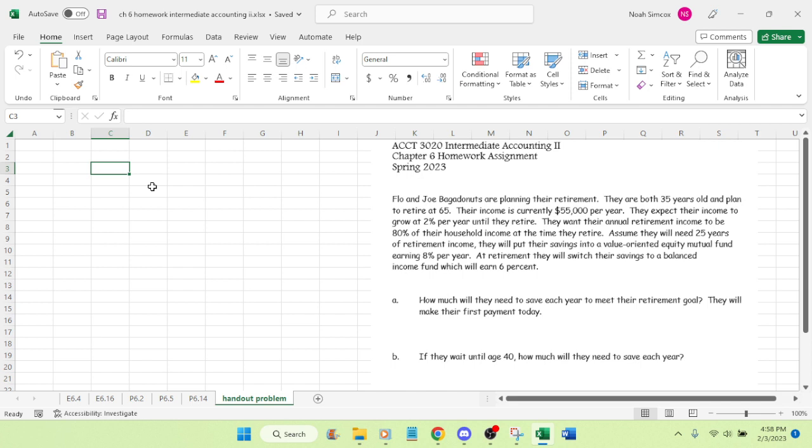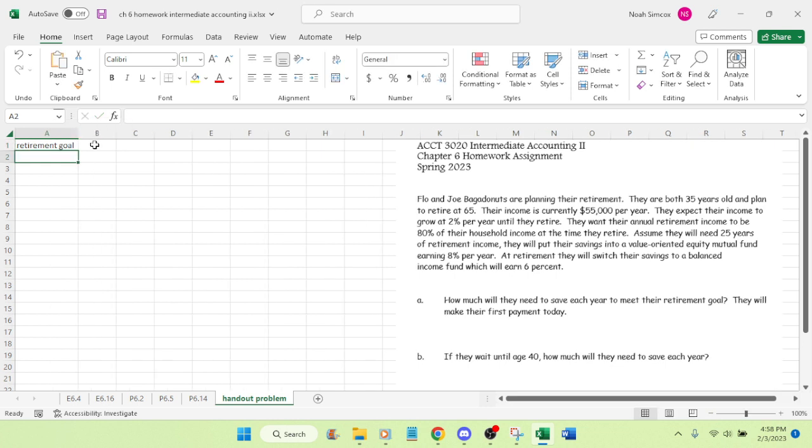Okay, so their retirement goal is that they want to have payments of 80% of their current income for 25 years. I think that's all they want.